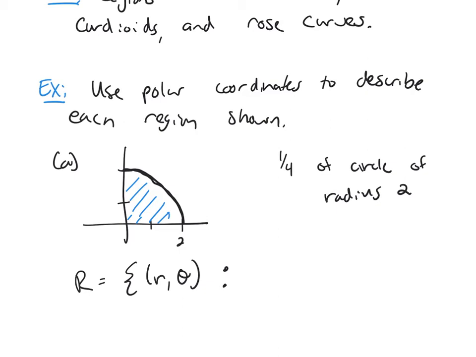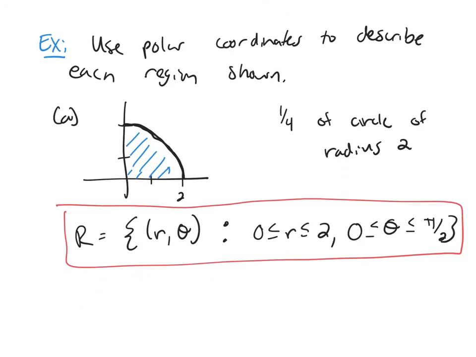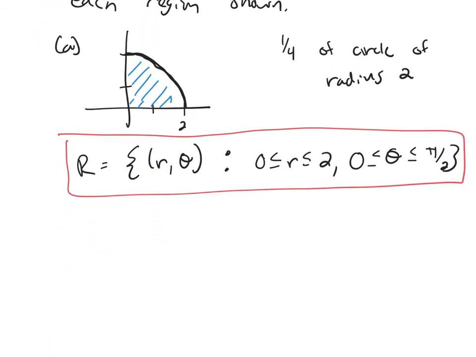So r is between 0 and 2. Now let's think about our angle theta. I'm looking in the first quadrant, so theta is between 0 and pi over 2. So here's my description of my region in polar coordinates.